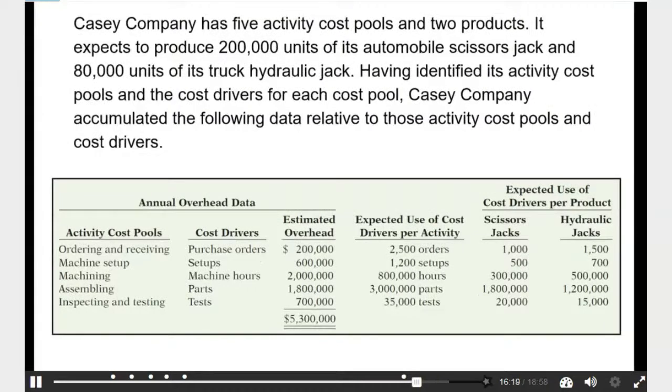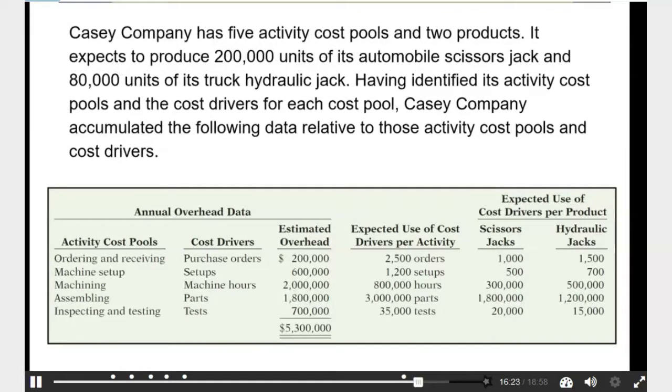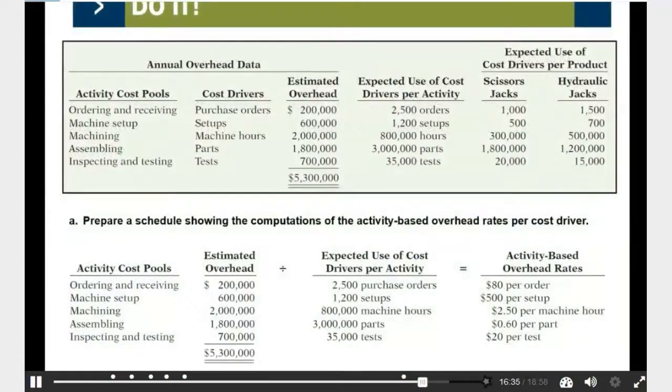The estimated overhead divided by the activity gives us $80 per purchase order, $500 per setup, $250 per machine hour, $60 for repair, and $20 per test. In that way, I allocate the $5,300,000 to these activities and then look at how many of these activities were consumed by the scissors jack and how many by the truck jack.